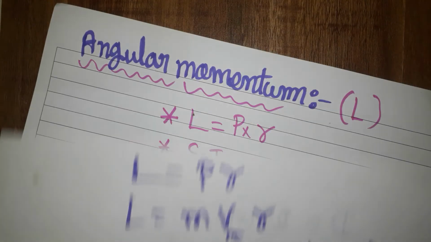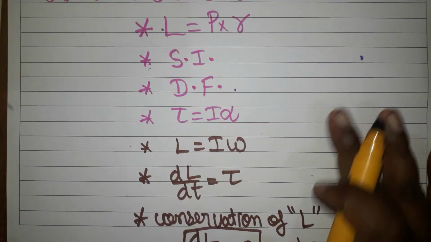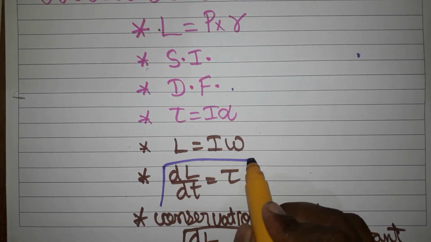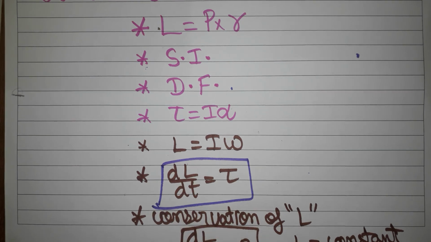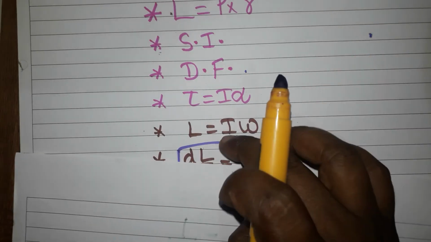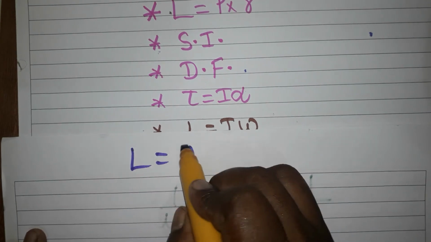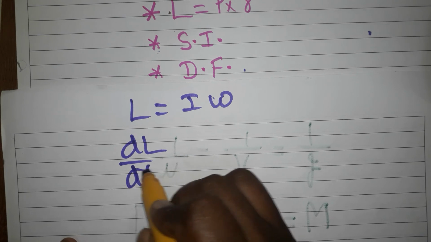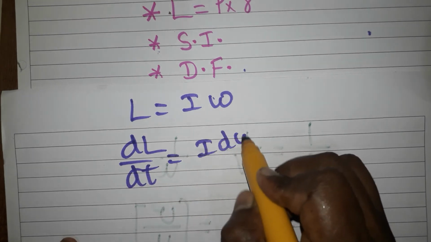Okay, what is next? The differentiation of angular momentum with respect to time is equal to torque. You can take any equation. Here I am taking L is equal to I omega. Differentiating this, dL by dt is equal to I d omega by dt.